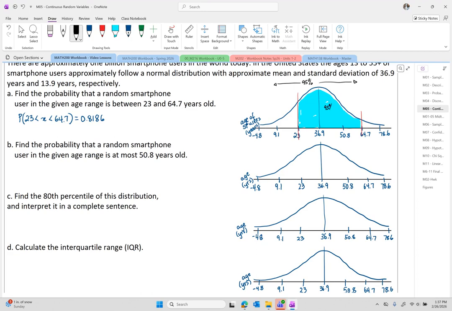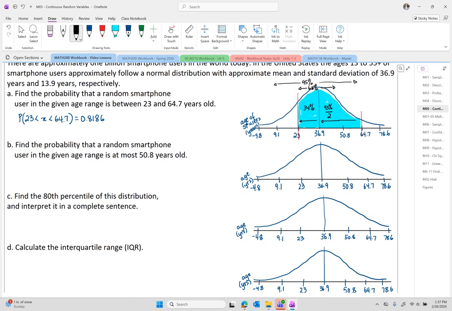So 95% divided by 2 will be from the mean to 64.7. And then we know that 68% of the data is from 1 standard deviation below the mean to 1 standard deviation above the mean. Therefore, from 23 to 36.9, we can say that will be 34%, which is half of 68%. So 47.5 and 34 are approximately 81.5.